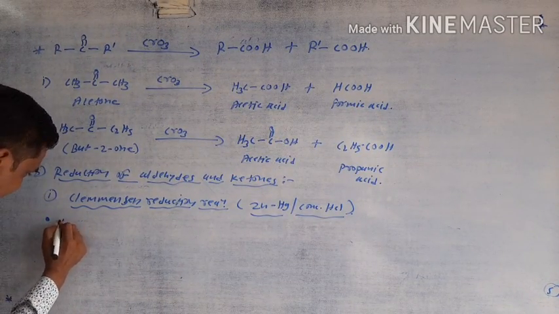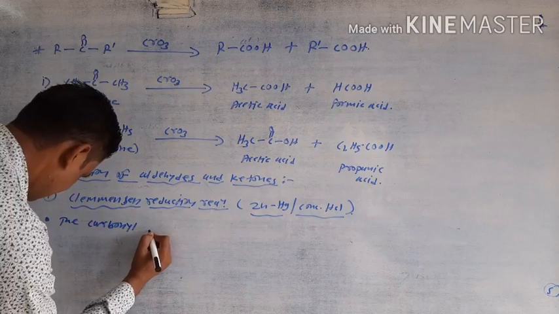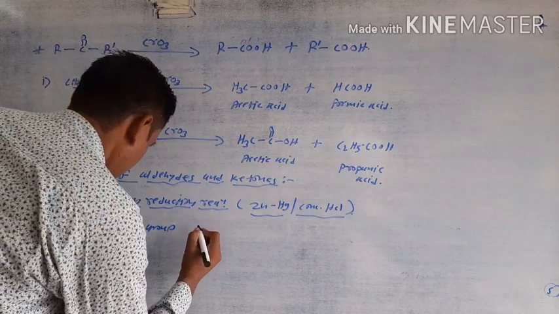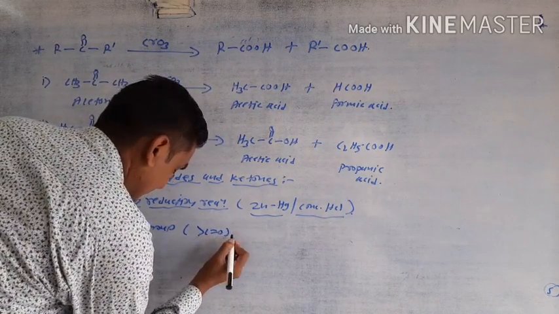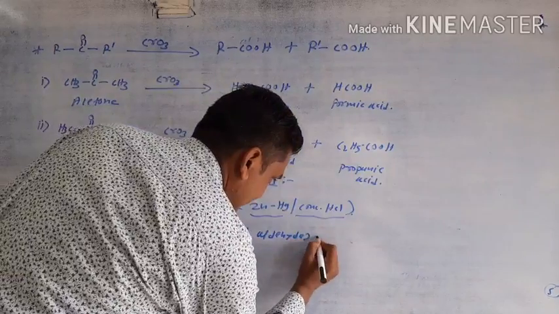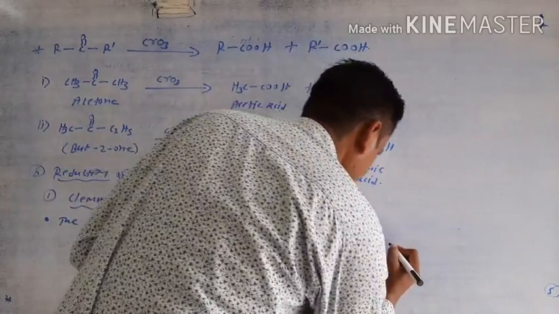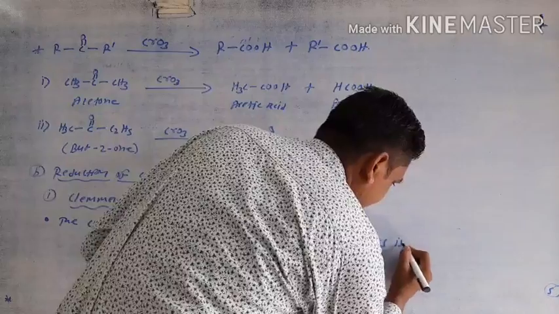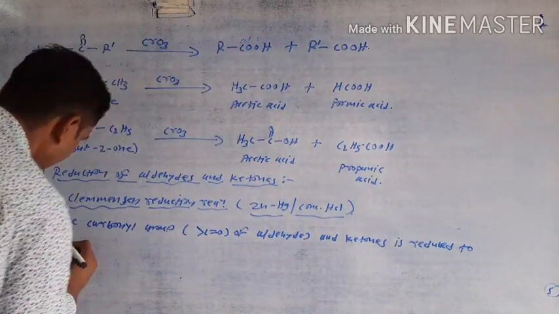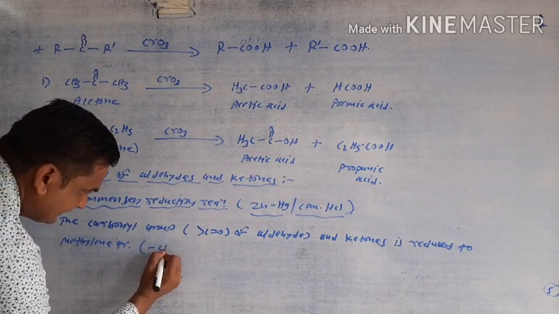Suppose the carbonyl group of an aldehyde or ketone is reduced to a methylene group, like CH2-CH2.